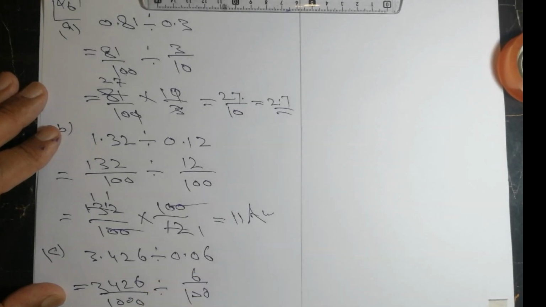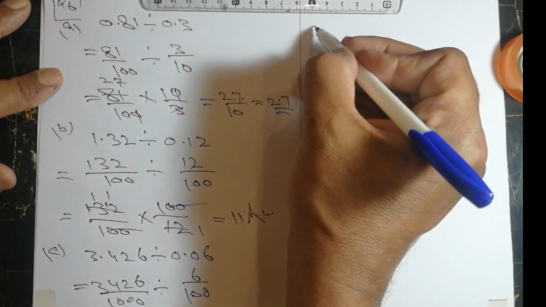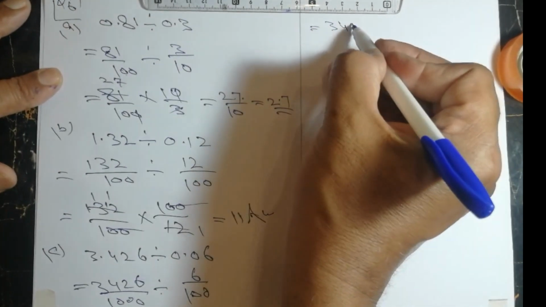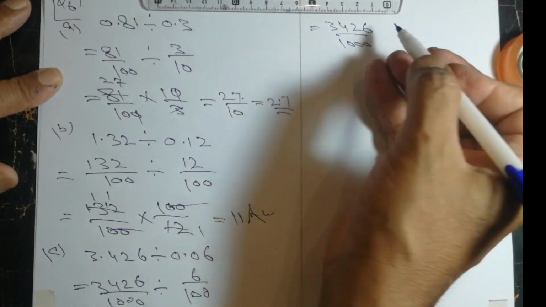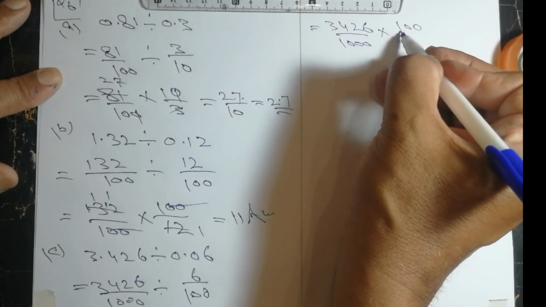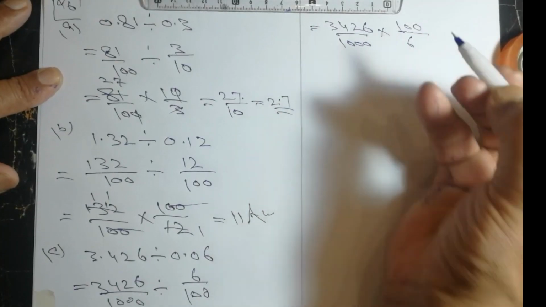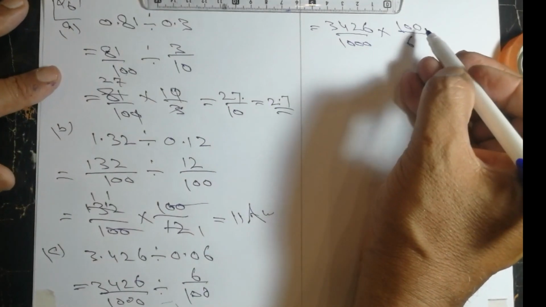From the decimal, 2 digits, so that is 2 zeros. So that is equal to 3426 over 1000 multiplied by 100 over 6. This is reversed.